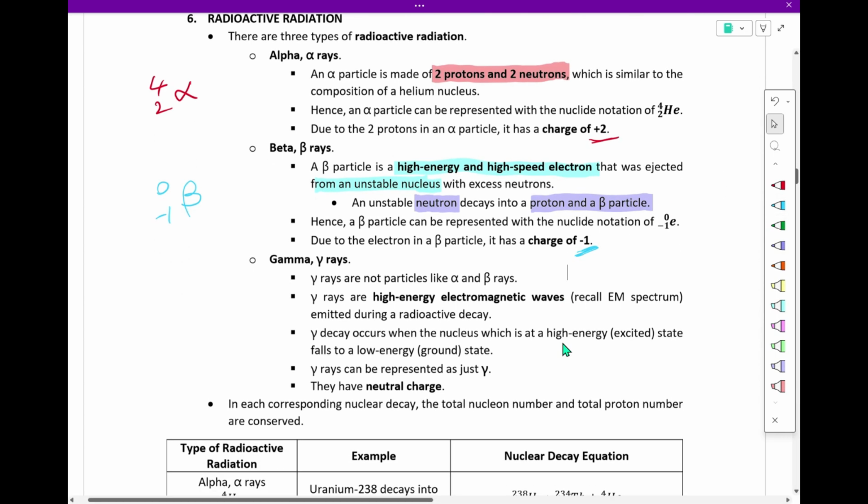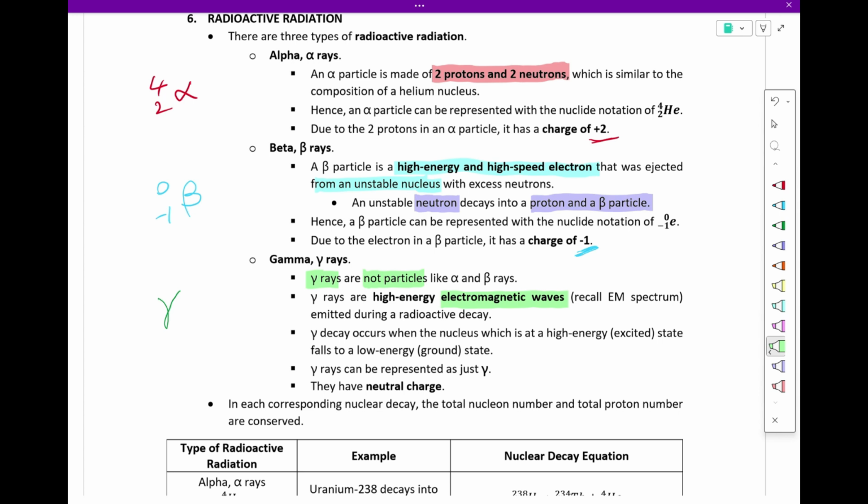On the other hand, last but not least, your gamma rays. Gamma rays are written in this format, gamma. It looks like a funny Y, but it is written in this way. Gamma rays don't have particles. They are not particles, they are just your EM wave. Remember, in your EM wave, the last one, the most dangerous one, is gamma waves.